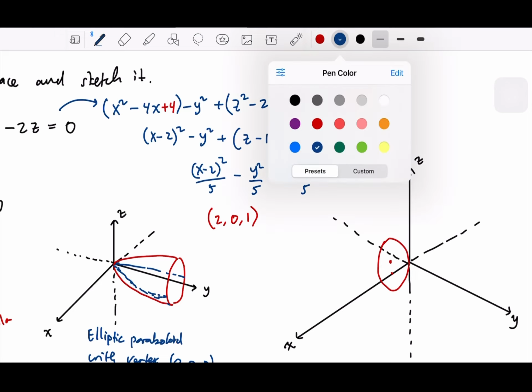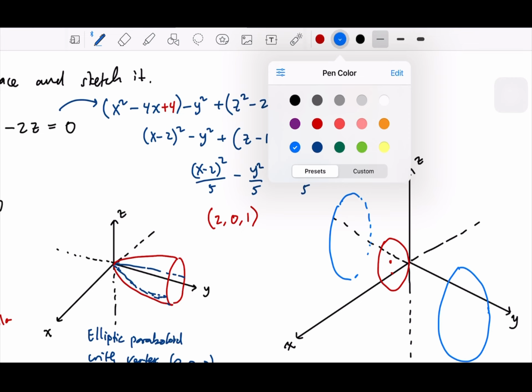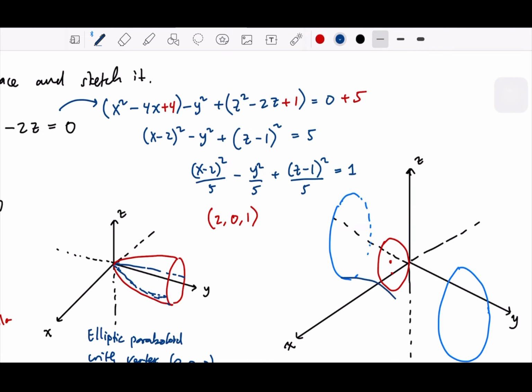Let's try to make it into our graph. This is the sketch. So we will have the ellipse and then the hyperbola. Okay, so let's try to adjust the hyperbola.